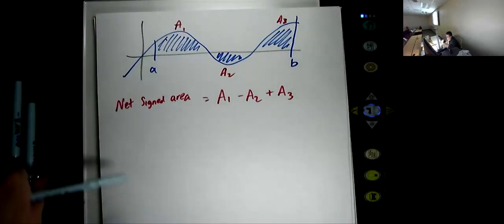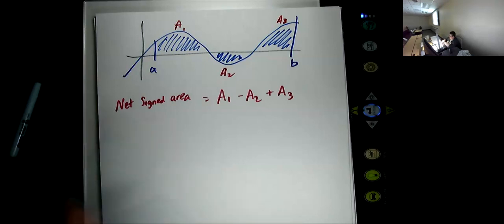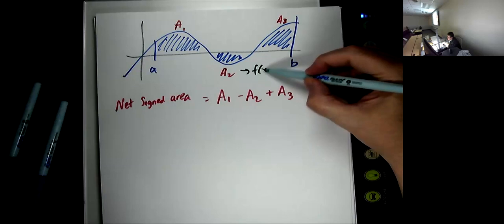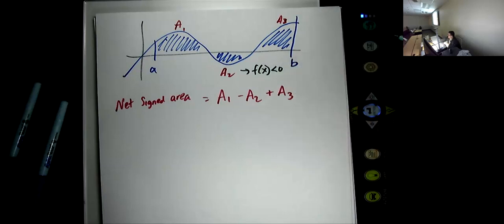The reason we subtract A2 is f of x is less than 0 here. So we're adding a negative: the height is negative times the width is positive. We're still basically adding the area, but the area is now negative. It exists, we're subtracting. It's going to take away from the total value.